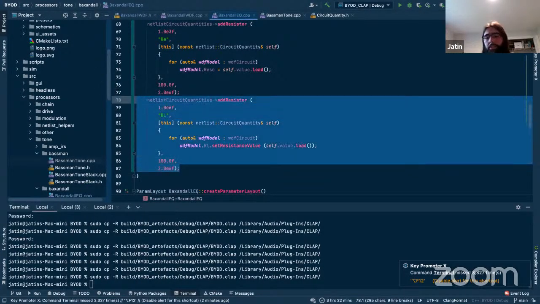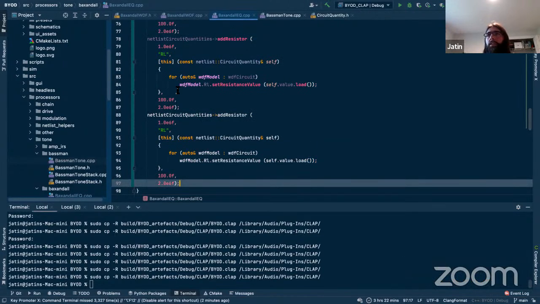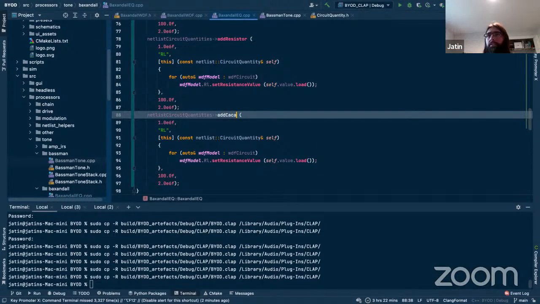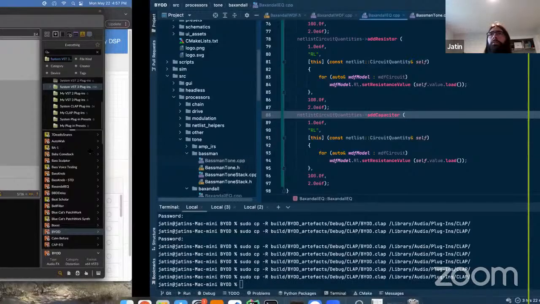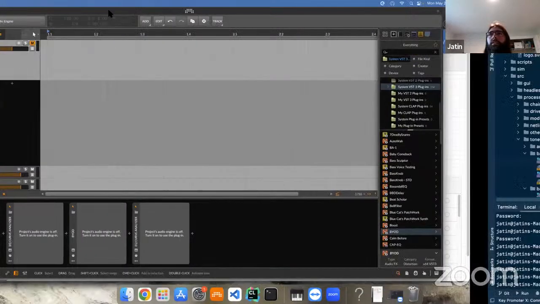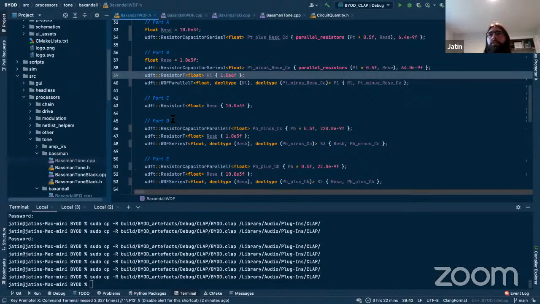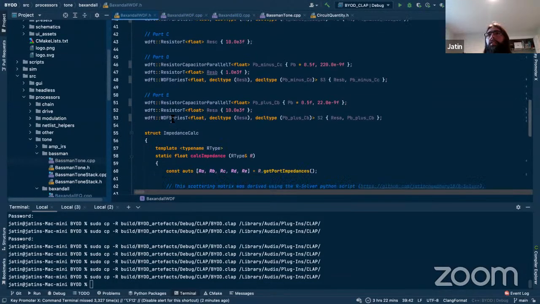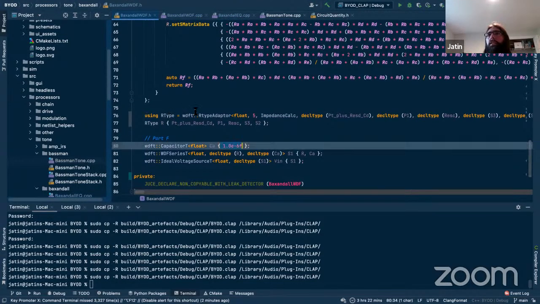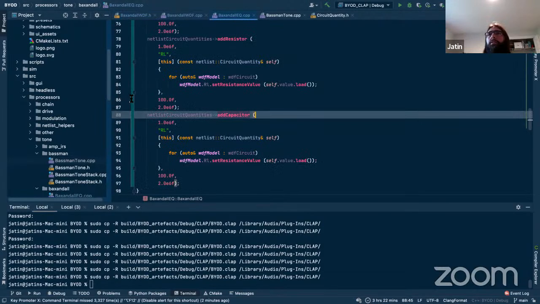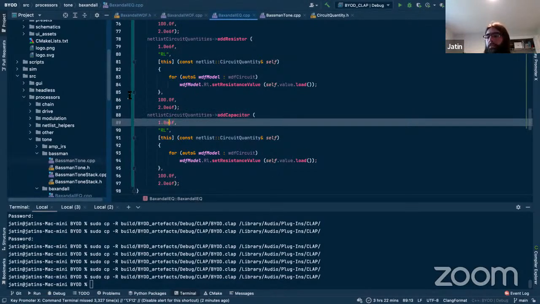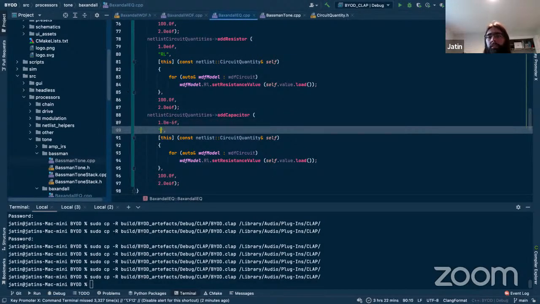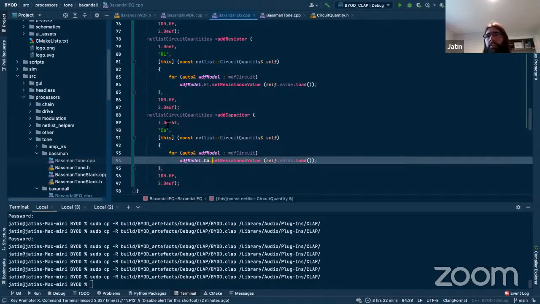So now we're ready to move on to the capacitors. Let's take a look here, starting with CA. Where is CA? Oh, CA is down here. This is 1 micro, so 1E minus 6 for CA.